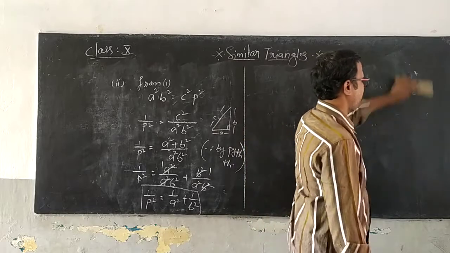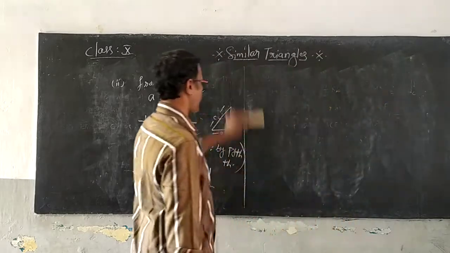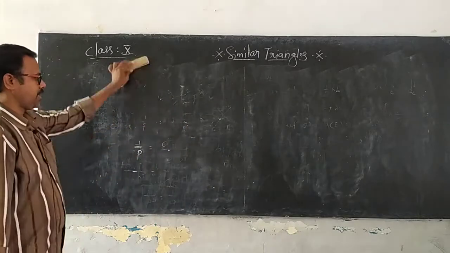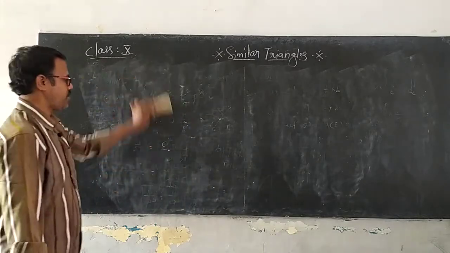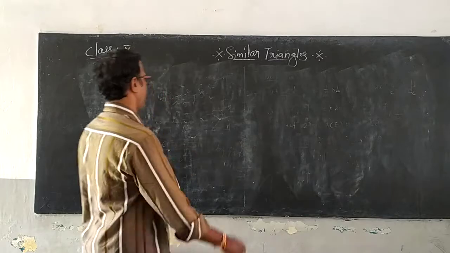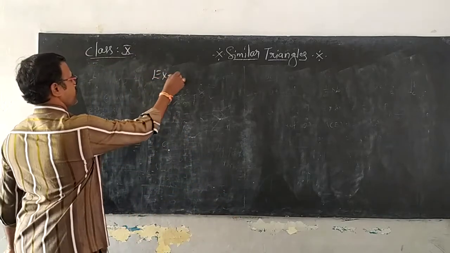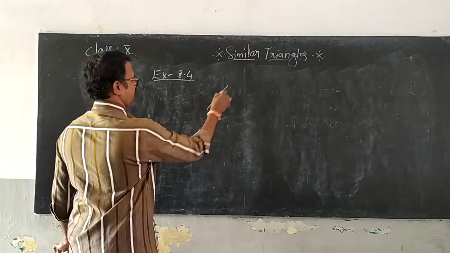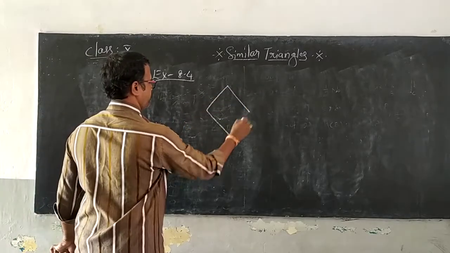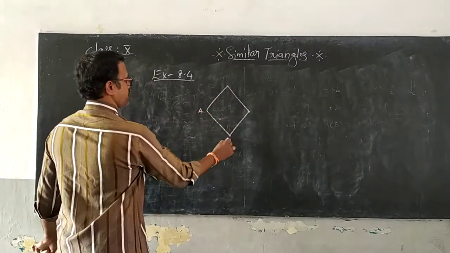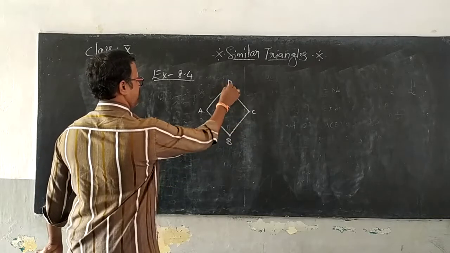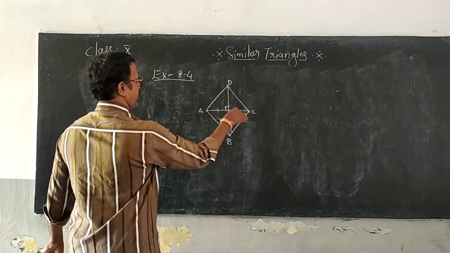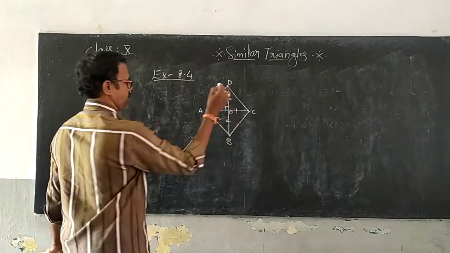The question is given as rhombus. It is talking about the rhombus. You know the shape of a rhombus? Yes, very good. It is in the shape of a diamond. So exercise 8.4, first question, we take a rhombus A, B, C, D. The diagonals AC and BD perpendicularly bisect each other.